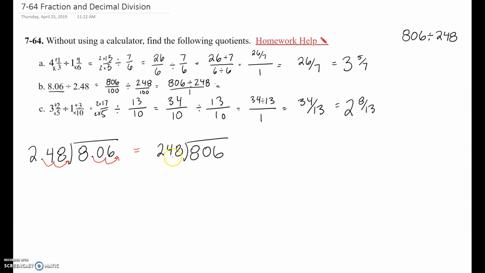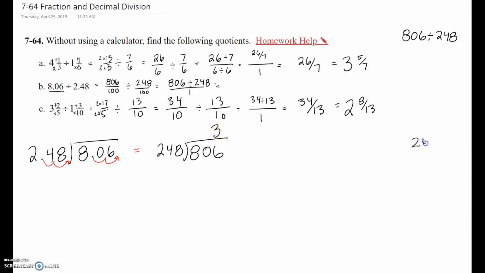So how many? This is about 250, so I know 250, and this is 800, so 2 of these is going to be 500, 3 of them is going to be about 750.